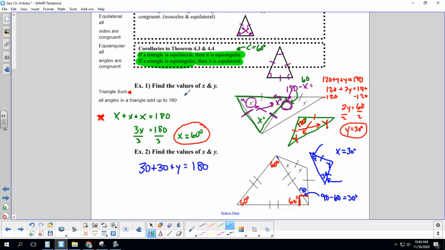That's the triangle sum theorem again. We add the 30s together and subtract 60 from both sides. So we know that y is equal to 120 degrees. So x is equal to 30, y is equal to 120.